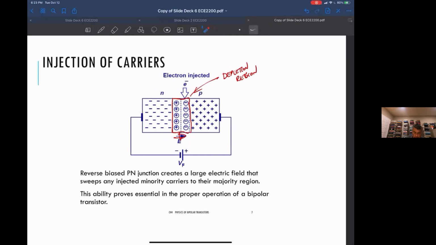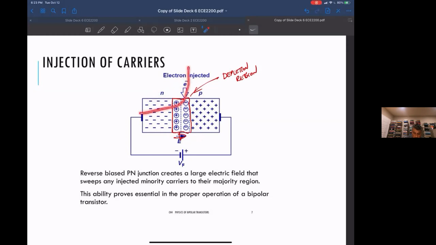If you somehow manage to inject an electron directly into this depletion region, the electric field is going to push that electron into the N side, because the electron is negatively charged.